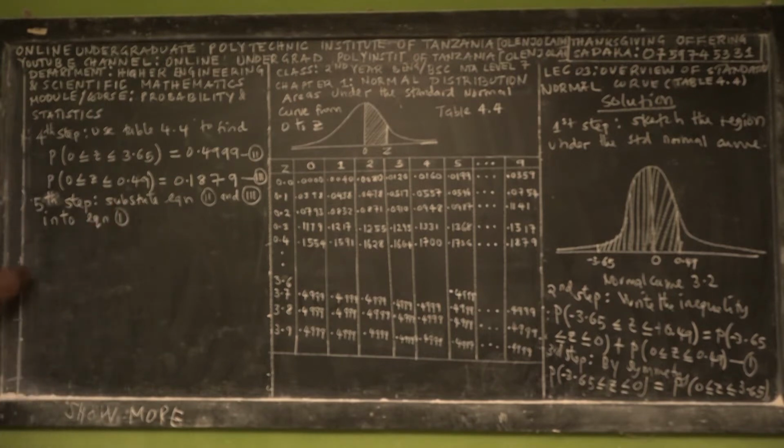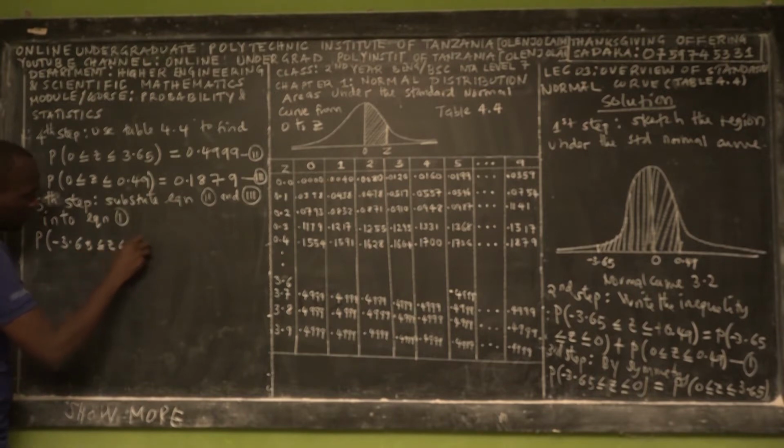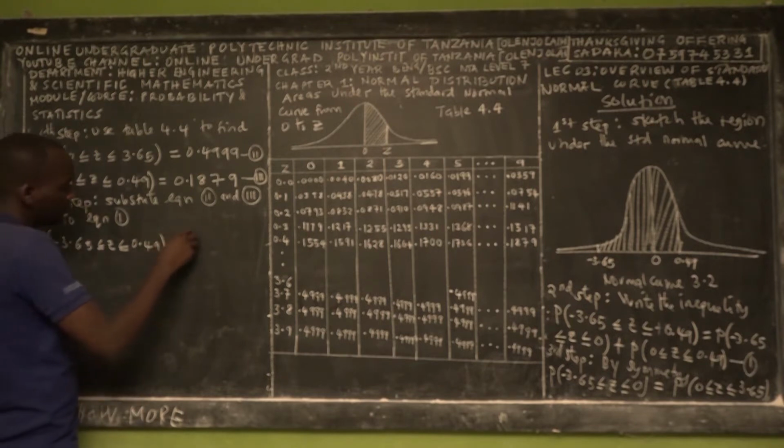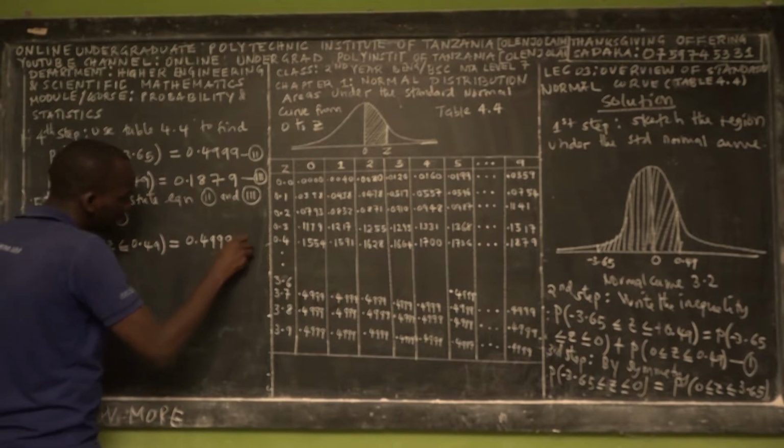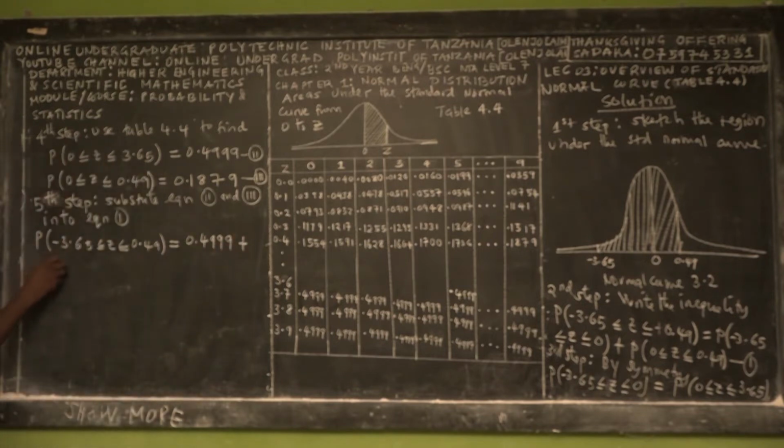If that is the case, you say that the probability from negative 3.65 less than or equal to Z less than or equal to 0.49 is equal to 0.4999 plus 0.1879.